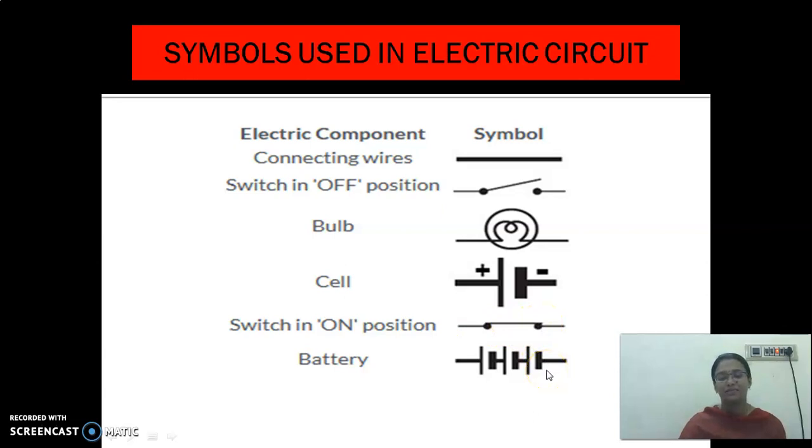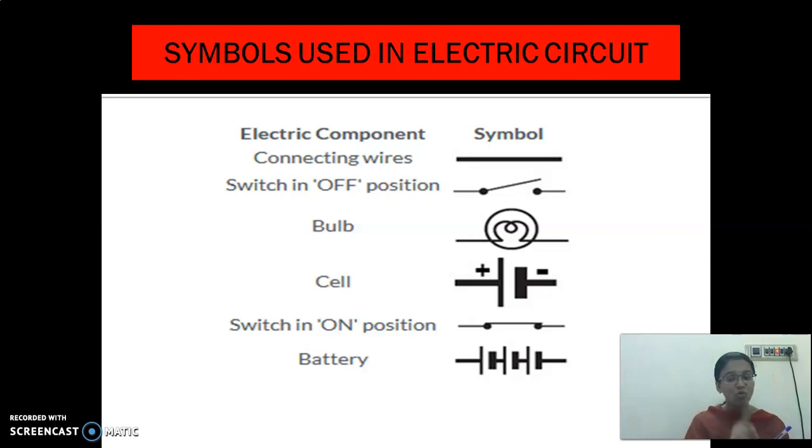So these are all the symbols which are used in an electric circuit. Note it down, children. For connecting wires, one single line. Off position, the end will not touch the other end. This is a symbol for bulb. And for cell, one longer terminal and one short one.